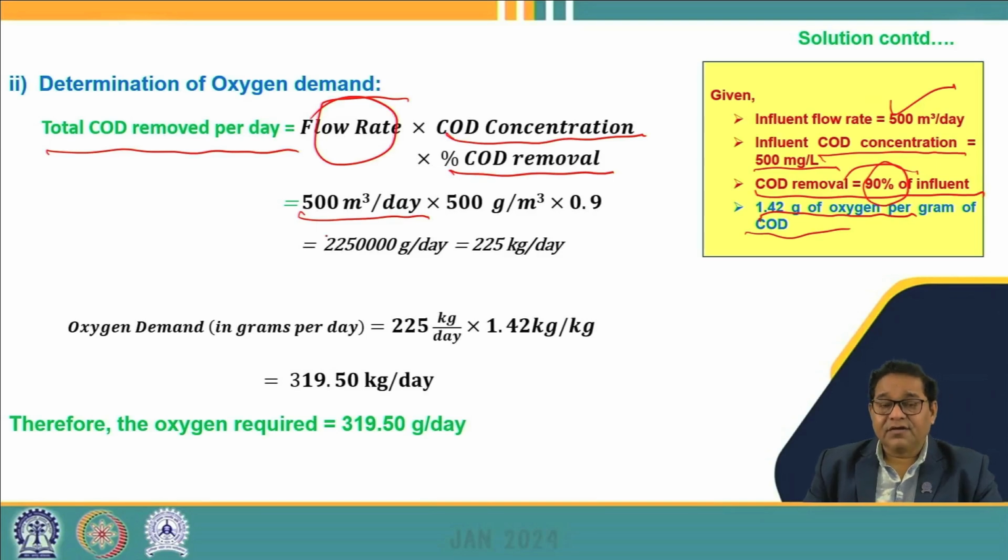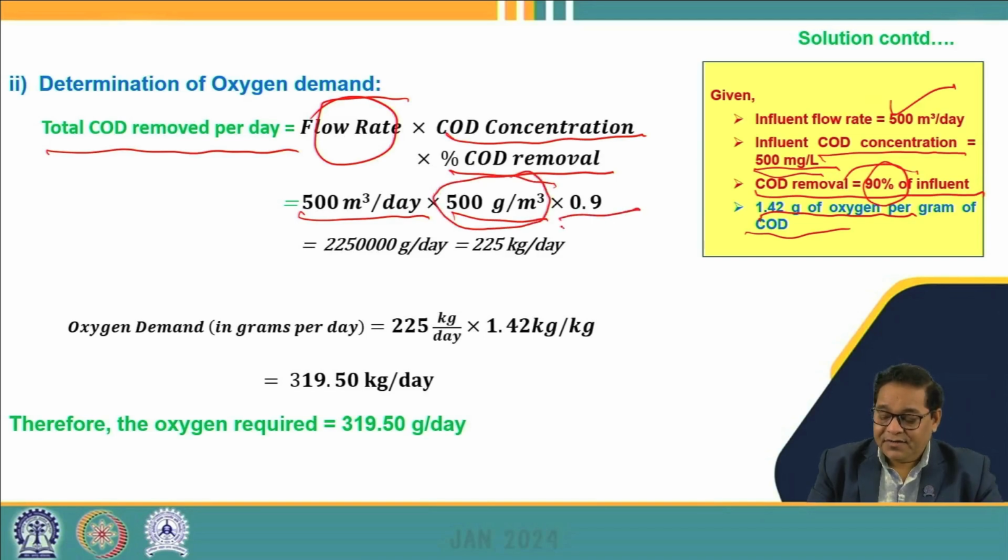The flow rate we know is given as 500 meter cube per day. We multiply this with the COD concentration, which is given as 500 milligram per liter. This milligram per liter is also equivalent to gram per meter cube, so we write 500 gram per meter cube.